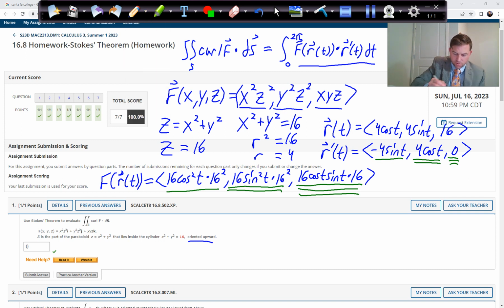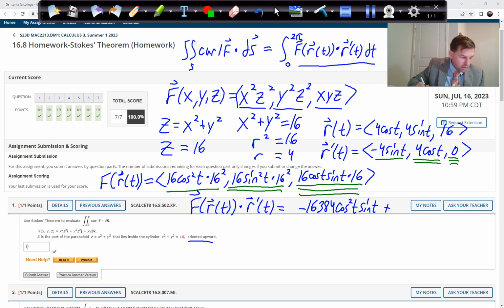So the dot product between those two terms is going to be negative 4,096 times another 4, which is 16,384, times cosine squared t sine t, plus 16,384 times sine squared t cosine t, plus 0, and we're taking all of that as an integral with respect to t.